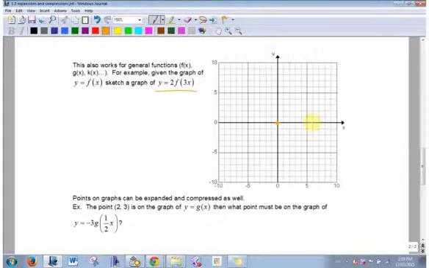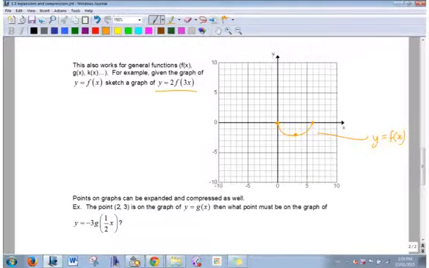Let's put a point here at 6, 0, and then 1, 2, 3, negative 2. And make yourself a little semicircle. That's y equals f of x. That's the original graph.